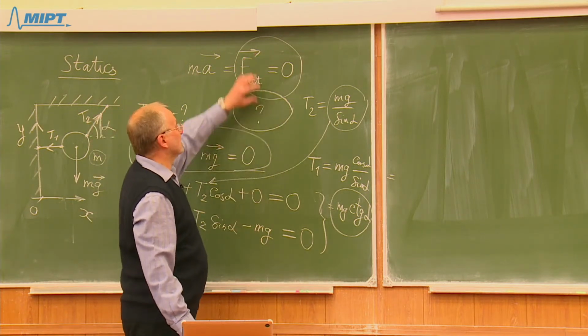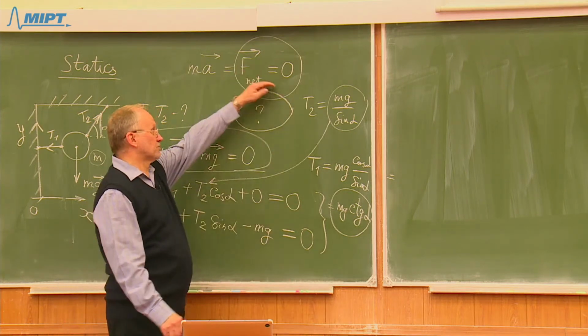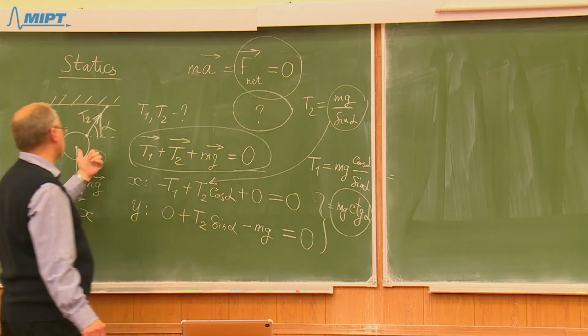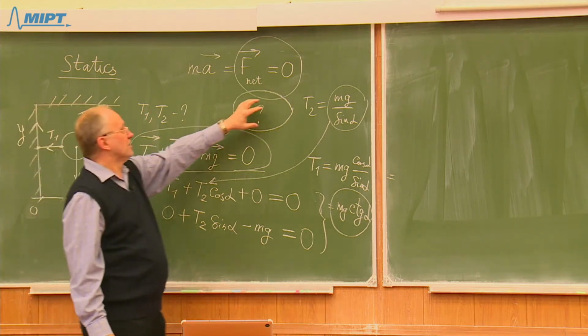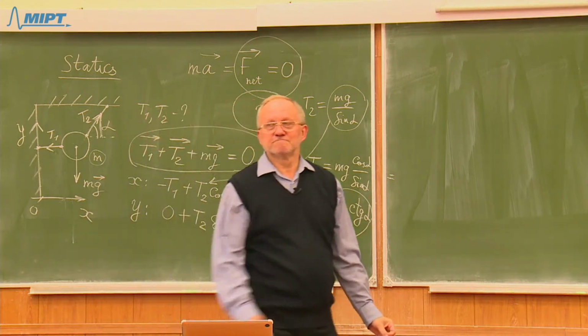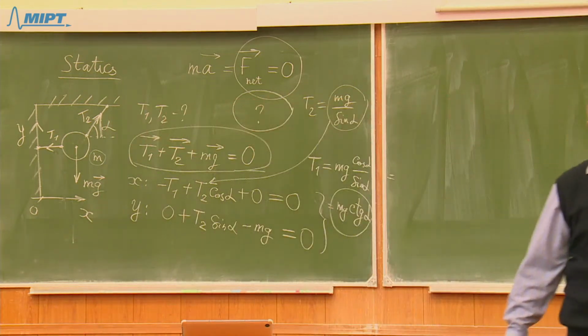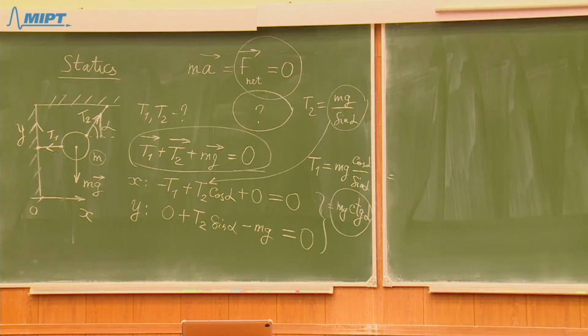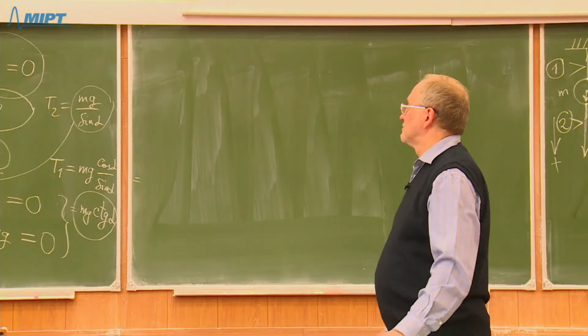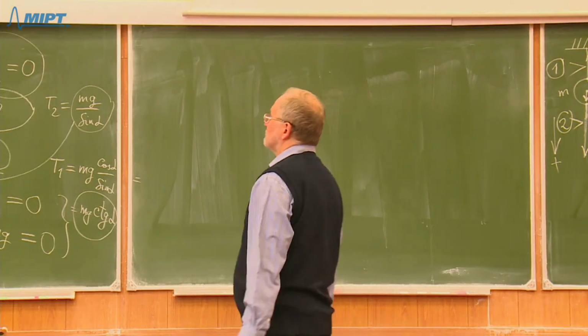So finally there will be two conditions. The first one ensures that the center of mass of the body is at rest, and the second one will ensure that the body does not rotate. So today we have considered only a part of conditions, only the first condition for static equilibrium.